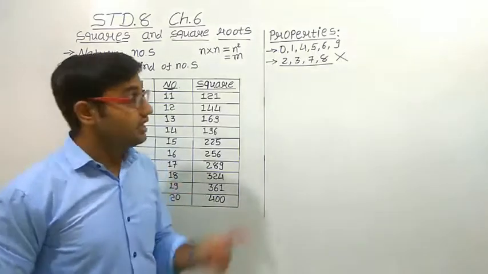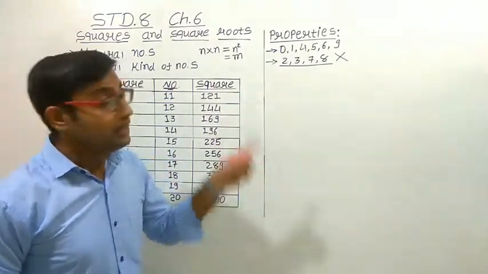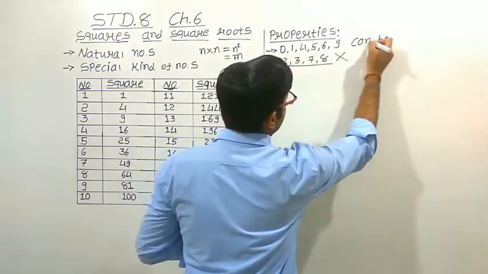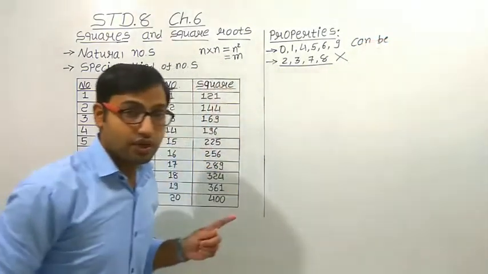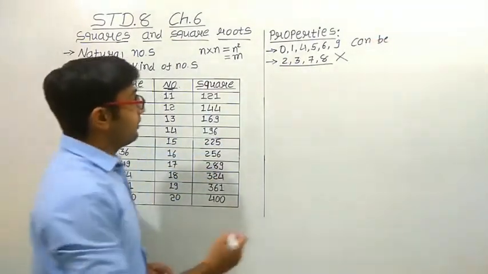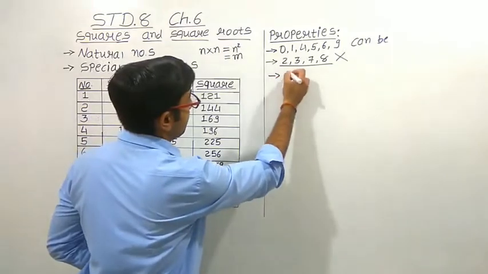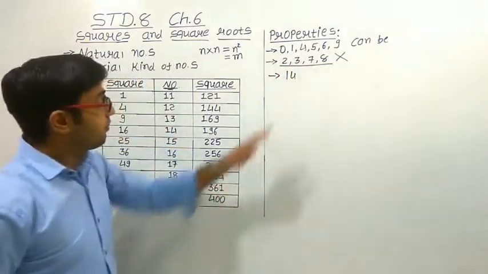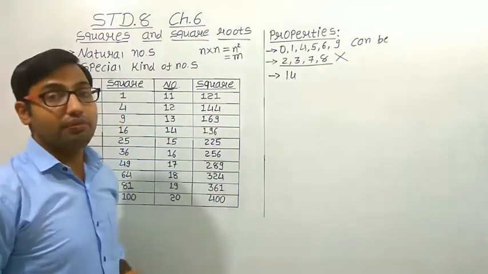See, I am not saying it must be the perfect square. It can be. I am not saying it must be the perfect square number. Like we can take an example, 14. There is a 4 at the unit place, but 14 is not a perfect square number.